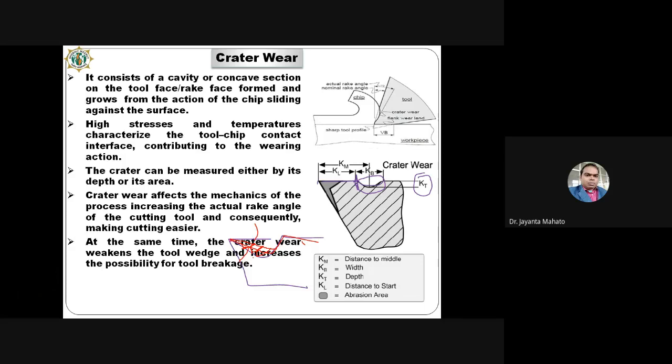So we have to avoid this crater wear. This wear predominates at high speed. In general, crater wear is of relatively small concern, meaning it occurs at small levels.